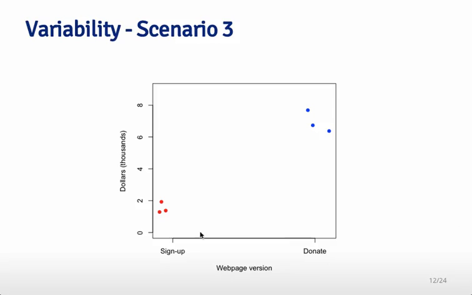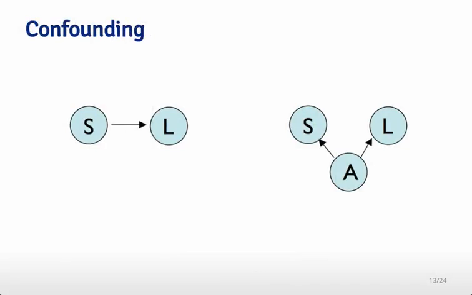The much bigger benefit comes when you run the same experiment and the donate version has small variability and the sign-up version has small variability in the total number of dollars donated, but there's a large difference between the amount that people donated when they saw the donate sign and the amount they donated when they saw the sign-up sign. So this overwhelms the variability that they saw in the experiment, and so it's very interesting for them and would suggest that they should only show the donate version of the website to people that came to visit.